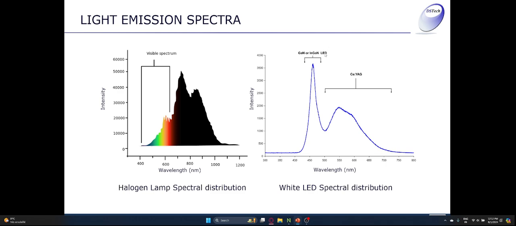Not just the covering, but even what the LED is made of, because of the way LEDs are made. In LEDs there are what we call platings: two plates, positive and negative.